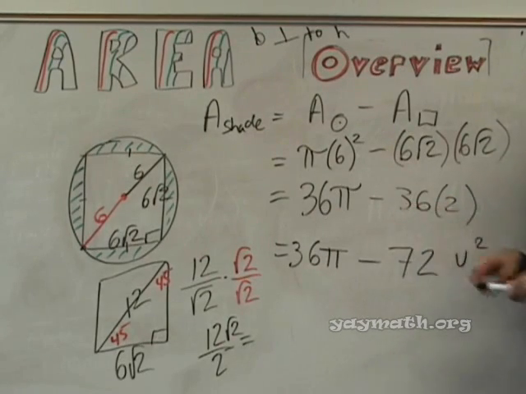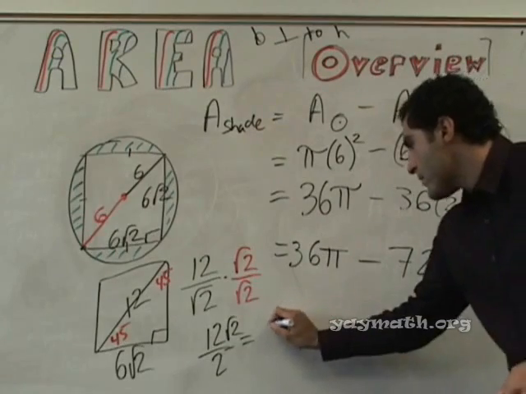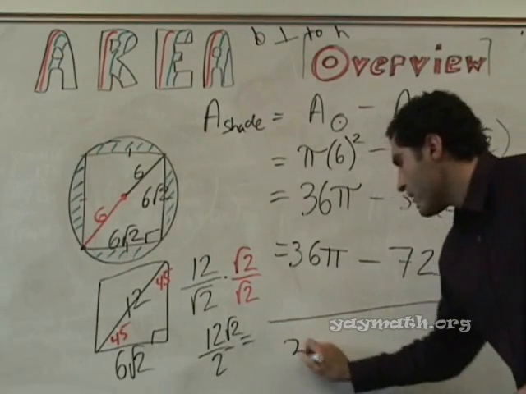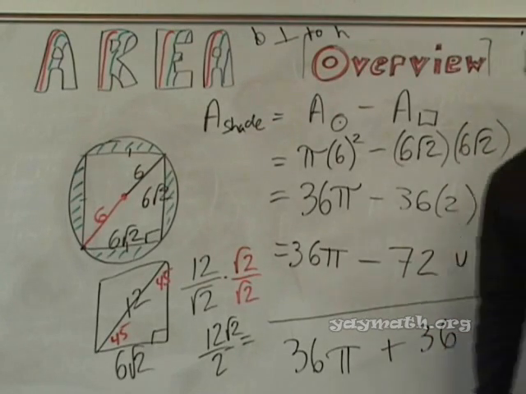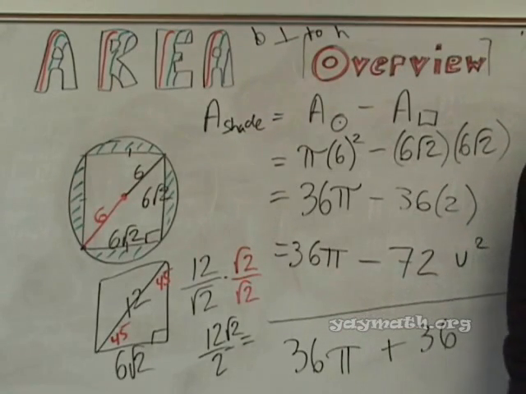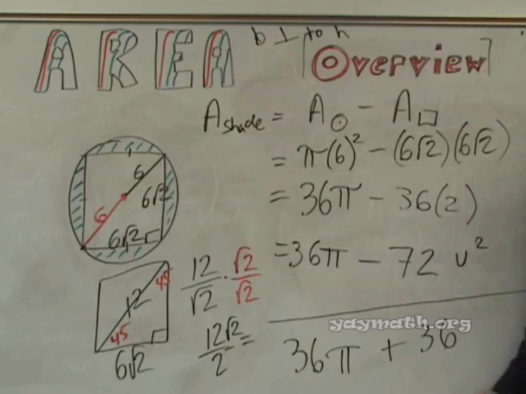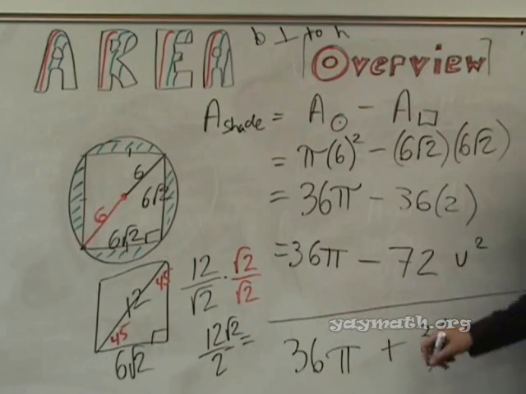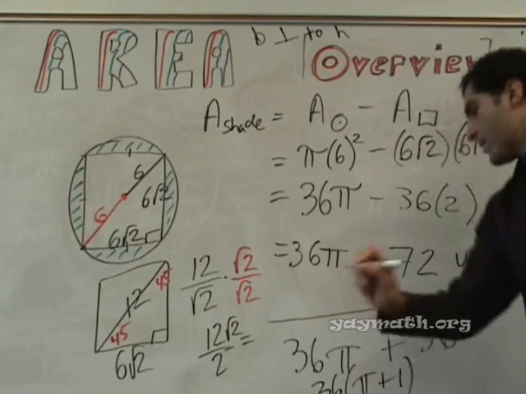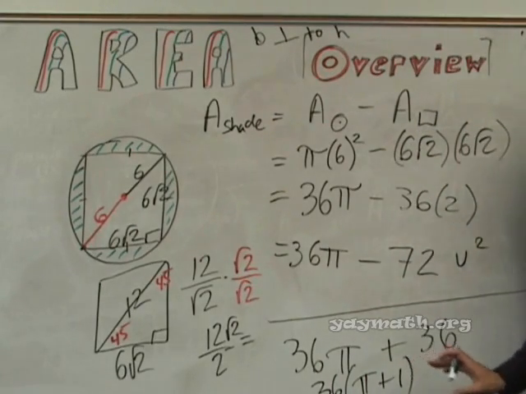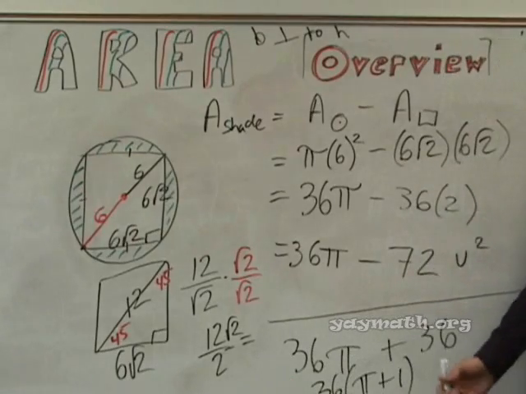But 36 pi plus 36, new problem: can these combine? They're not like terms. Yeah, they can combine. I could factor out 36 and make it 36 times pi plus 1. I undistributed it, but I don't really need to do that. There's no point in doing that.